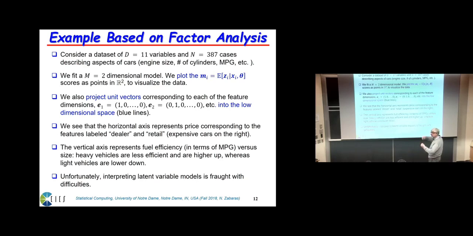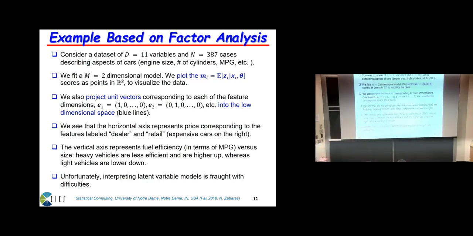So you have 11 variables, right? So your little x that I was talking about before has 11 variables. We had 387 data points. And these 11 variables are things like engine size, number of cylinders, miles per gallon, etc. Okay?